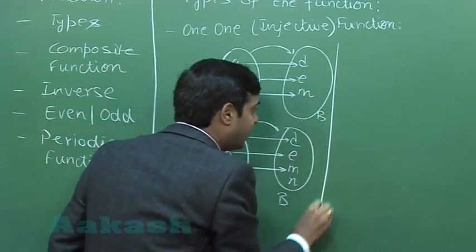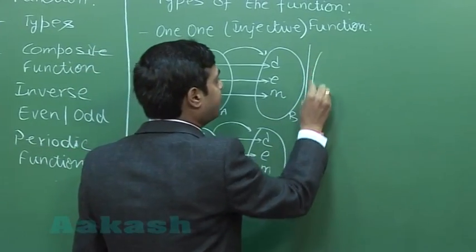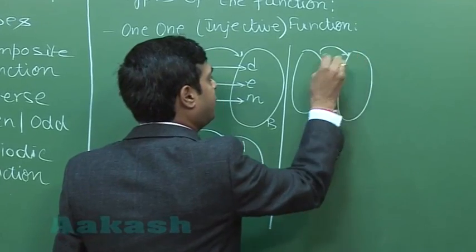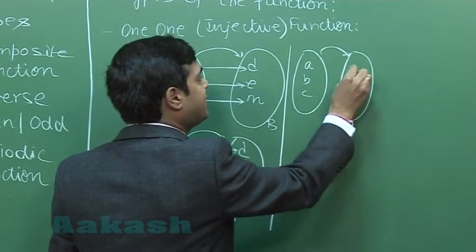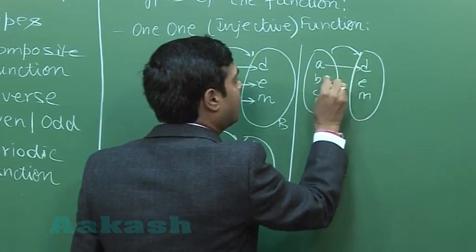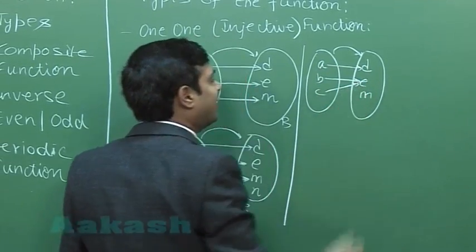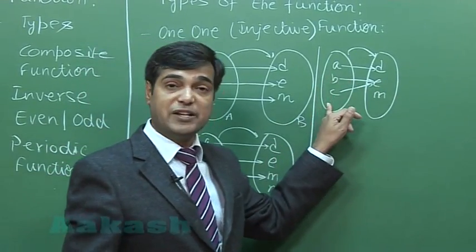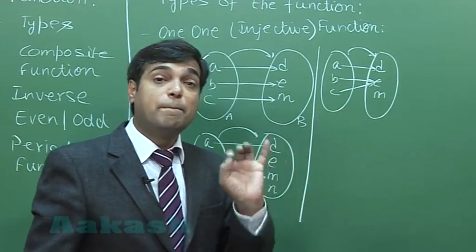But instead, if I describe it like this, A, B, C, D, E, M. This function is not one-one because E has 2 pre-images. This function is termed as many-one.